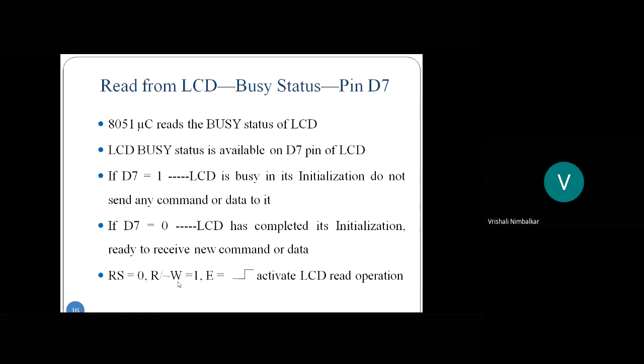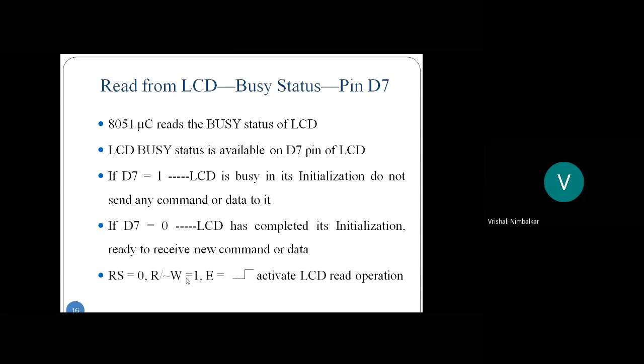So then we need to activate the three control signals. What are the three control signals that we need to initialize? The RS bit should be made 0 because the microcontroller will be reading the busy status, meaning it will be reading a command from LCD. So the RS bit should be made 0.